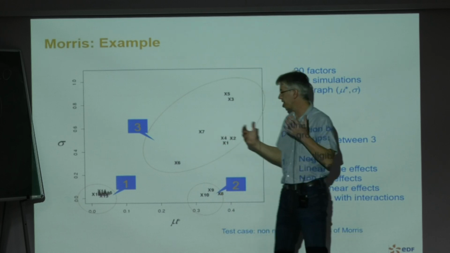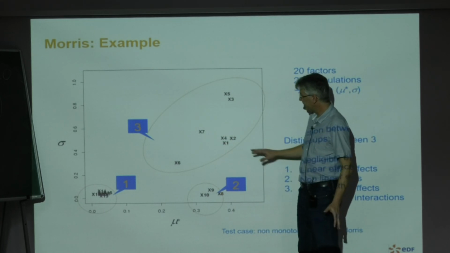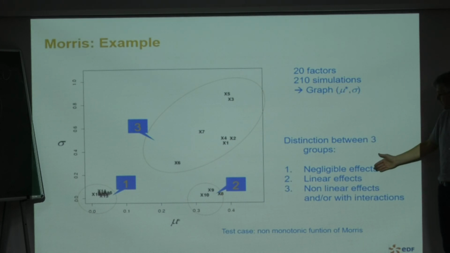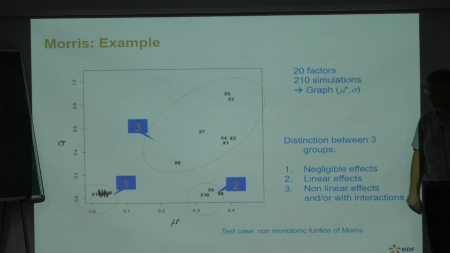It's some mean and some standard deviations. So here we can see finally negligible effects, linear effects, non-linear effects, and/or interaction effects. Okay, so we will use this during the practical sessions. These functions are very simple and can be useful if you have not a lot of budget. It can detect very quickly the non-influential effects.